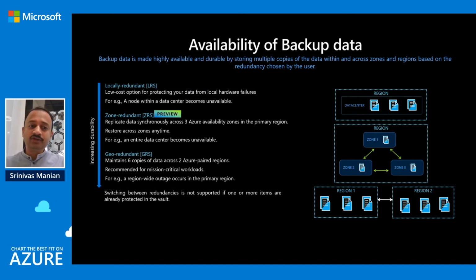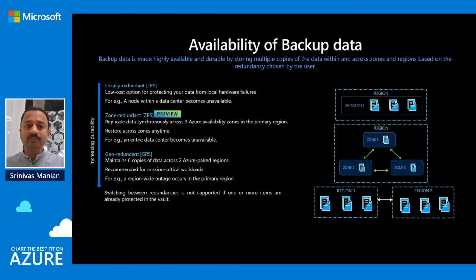Geo-redundant storage provides six copies of data across two Azure paired regions. In every geography we have a paired region concept, where we have two regions designated for building resiliency. For example, if you look at the geo for India, we have Central and South India, which is Pune and Chennai, as the designated paired regions, with resilient services built between these two regions.